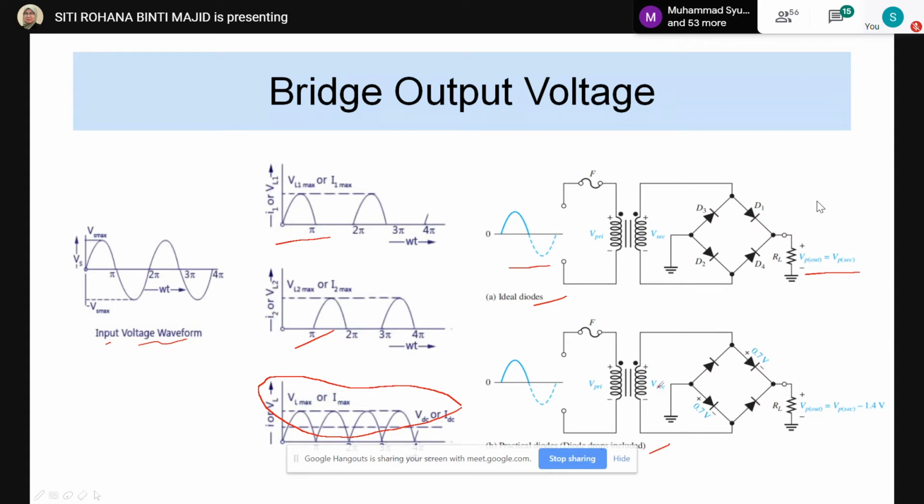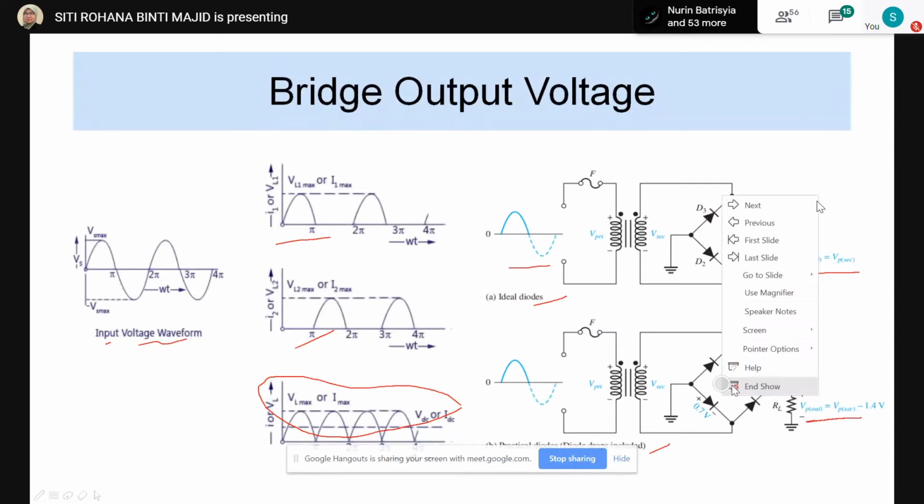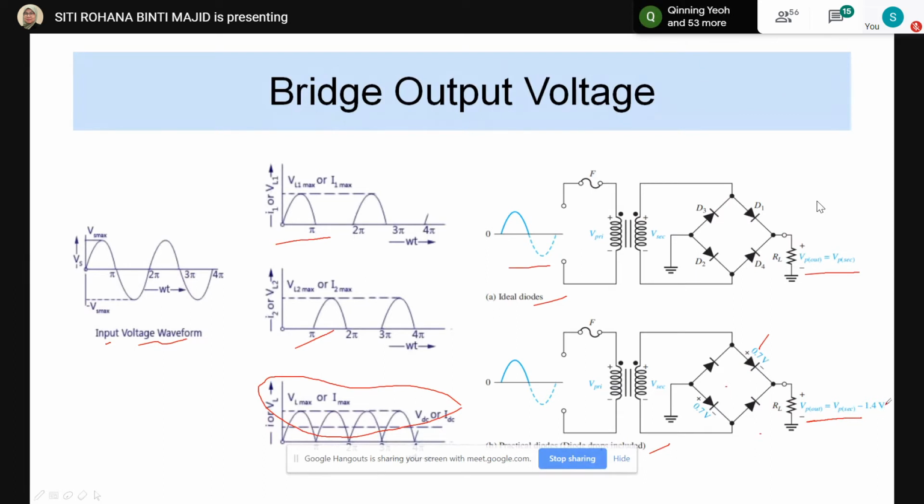For the practical diode, for example here, because we are using a silicon type of diode, the voltage barrier for these two diodes is 1.4 volt. The peak of the voltage at the output signal will be deducted by 1.4 volt, because of the voltage barrier.